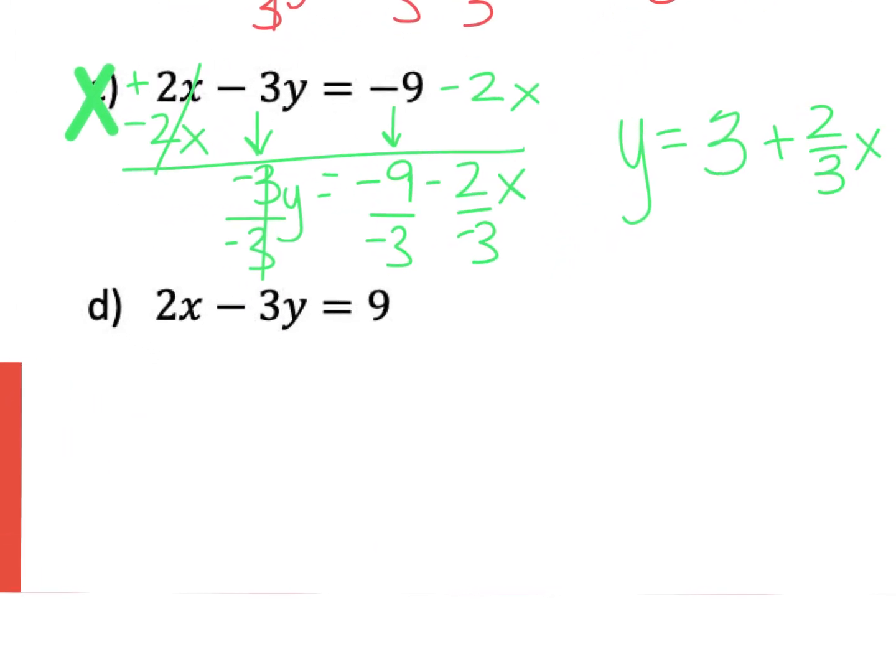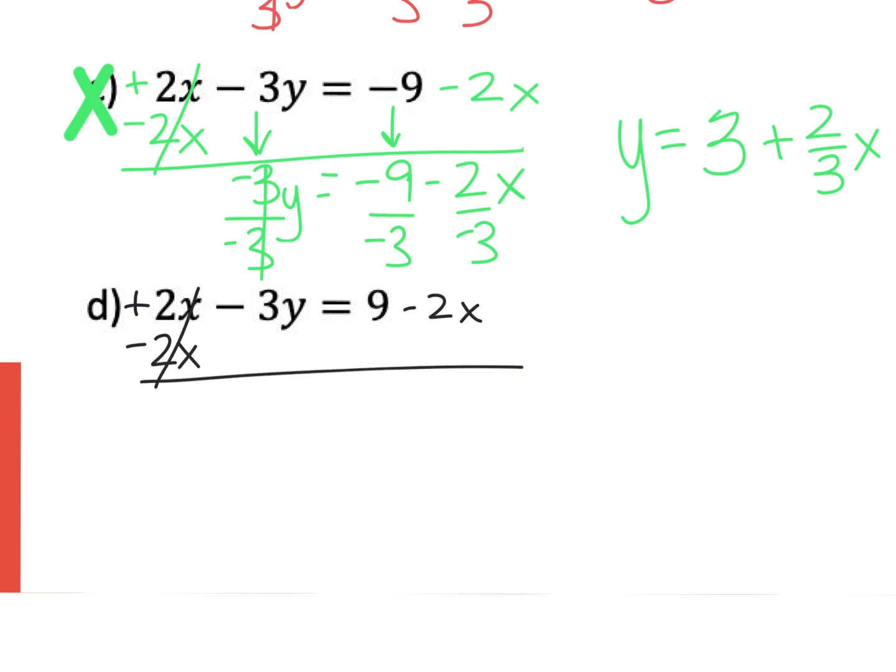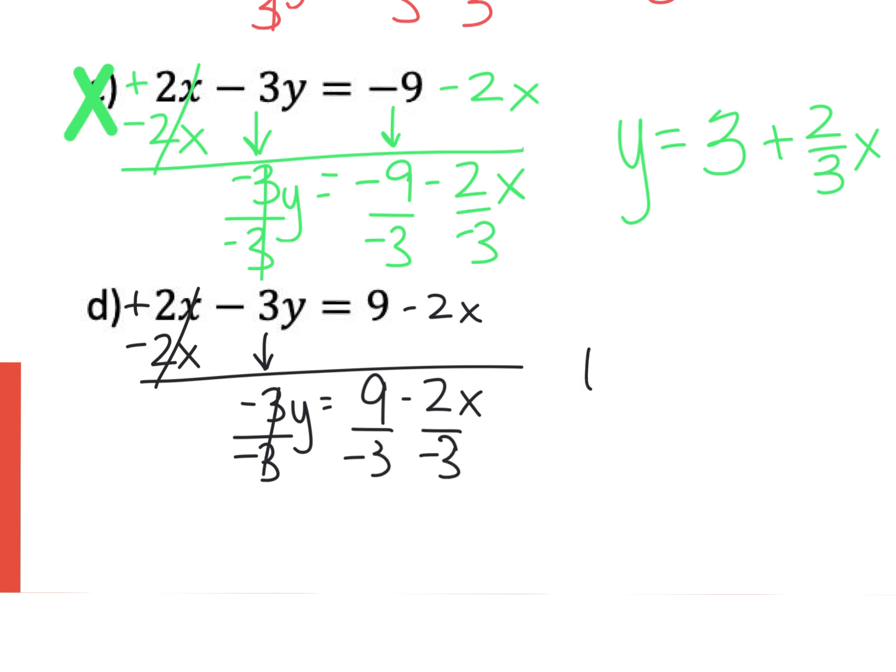And then we'll just check on this last one. This is a positive again, so we're going to minus it. And we're bringing down this negative. Don't forget those signs. That's very, very important. Divide everything by that negative 3 because negative divided by negative is a positive. Here I have a positive divided by a negative is a negative.